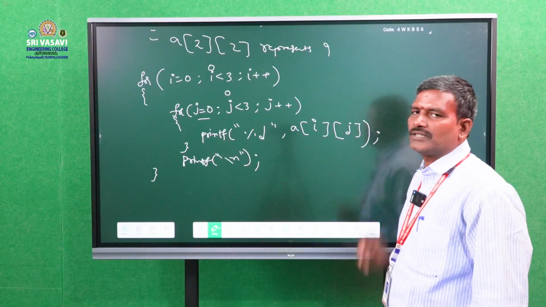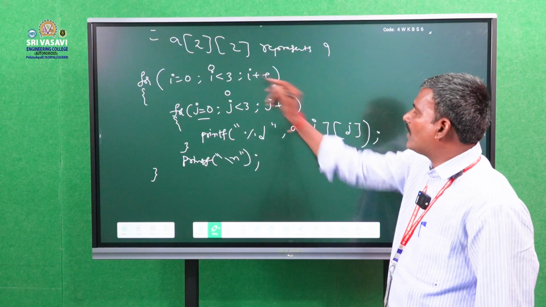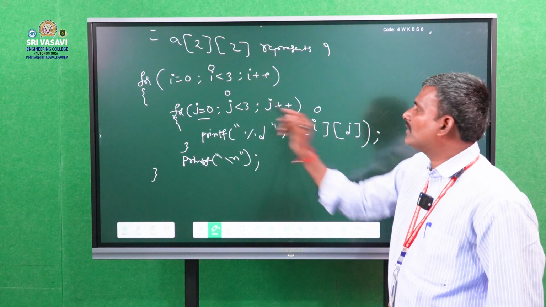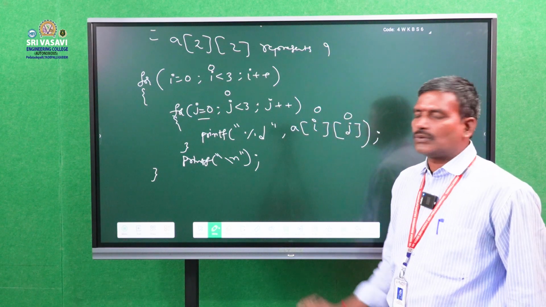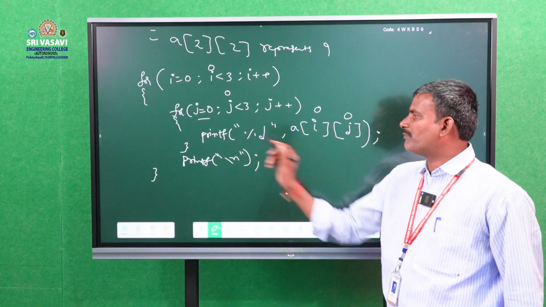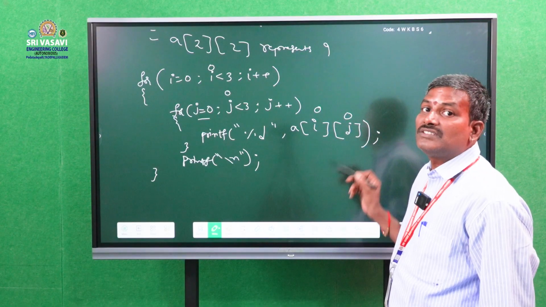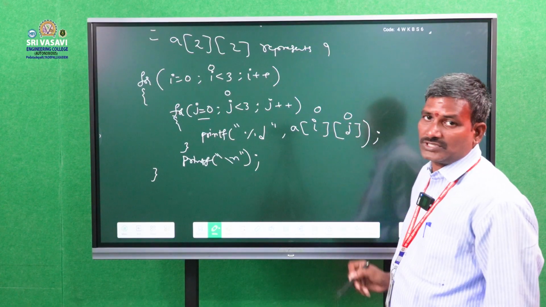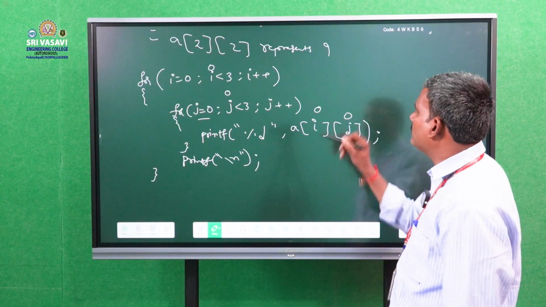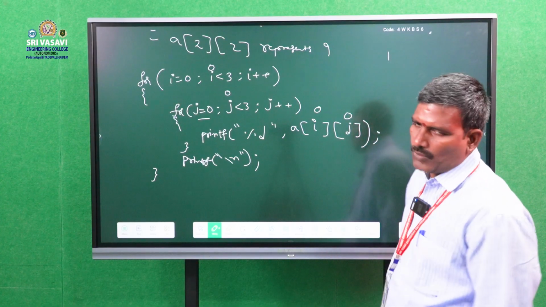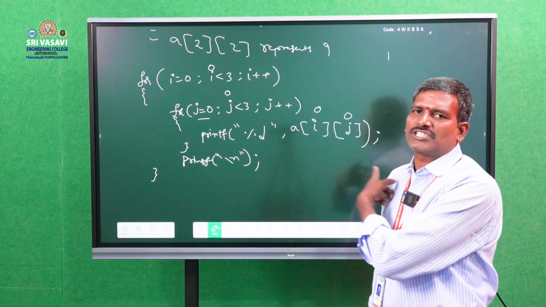Here is a printf statement, i value is now 0 and j value is now 0. The total printf is like this, printf percentage d comma A of 0, 0 means 0th index row and 0th index column. Okay, A of 0, 0 represents the value number 1 is displayed on the output screen.